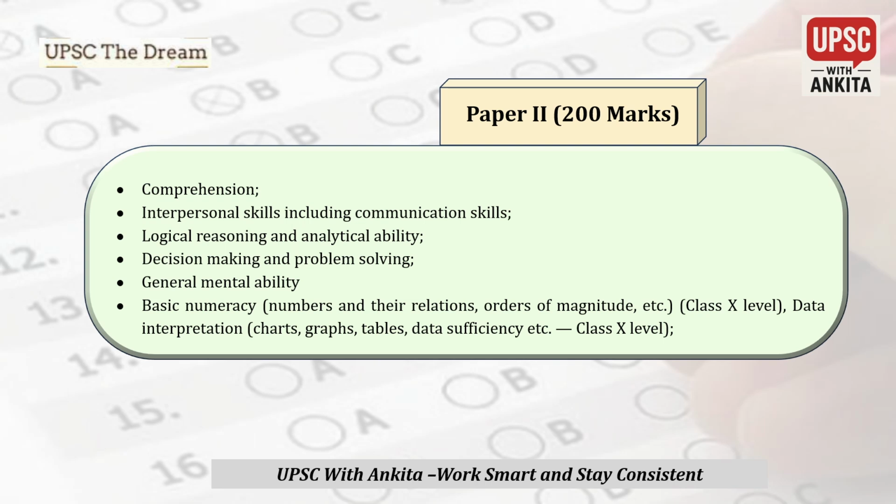For every incorrect answer, one third of the marks assigned to that question is deducted. Therefore, the penalty for a wrong answer is 0.83 marks because for a correct answer it is 2.5 marks. Okay.